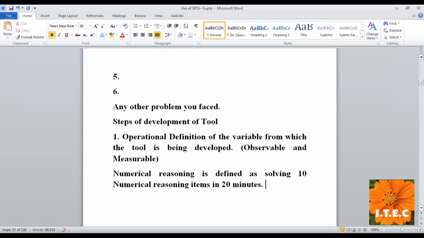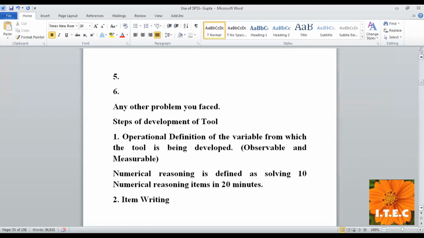So therefore, first of all, you have to decide the definition. And once you have decided the definition of the variable, then the second step is item writing. Item is the technical word. It is used for question.